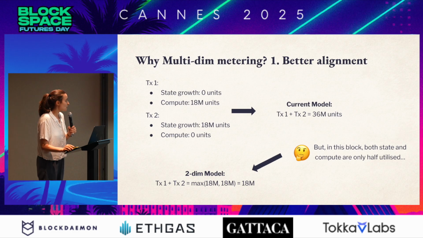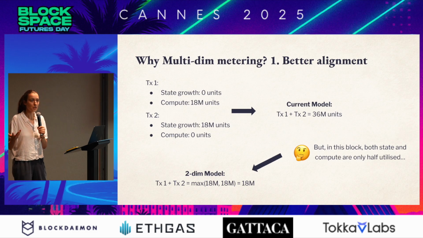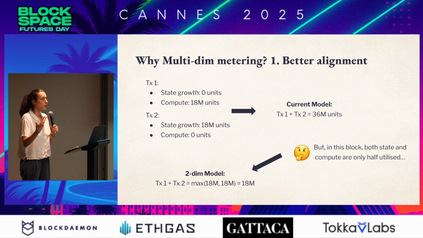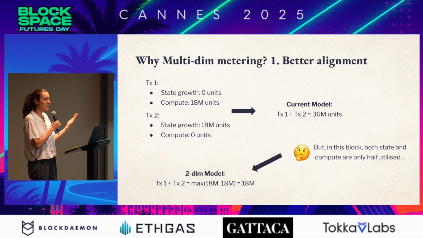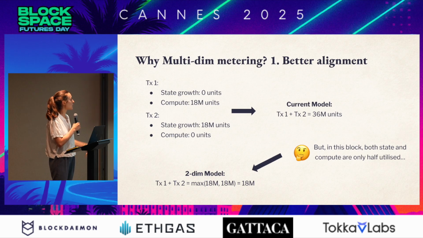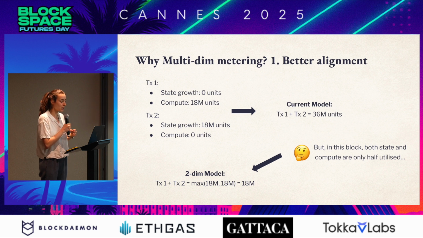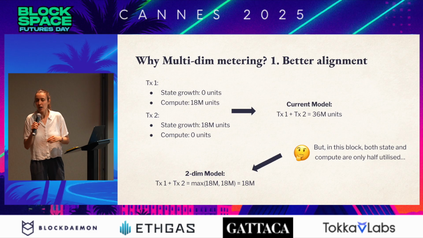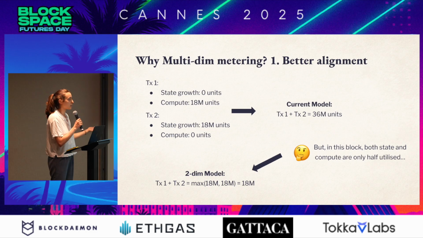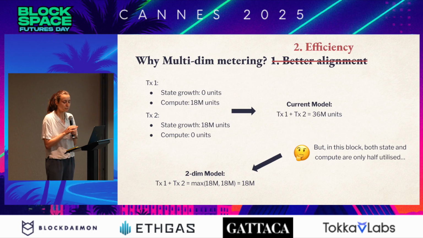And so now with the two-dimensional model, where we use the max, we are just considering the bottleneck resource. And in this case, they are both the bottleneck because they have the same spend. But essentially now with the max, we get the 18 million, which is exactly at 50%, which aligns much better between how far the block is from reaching the limits from a resource perspective and the gas metered, okay?